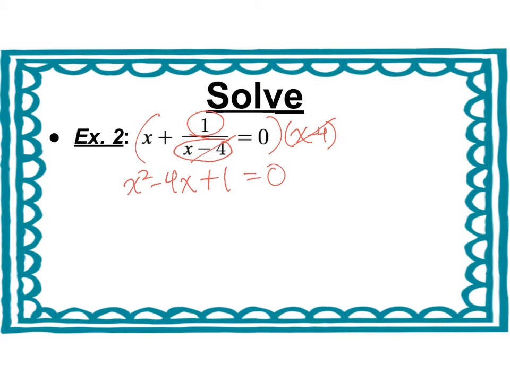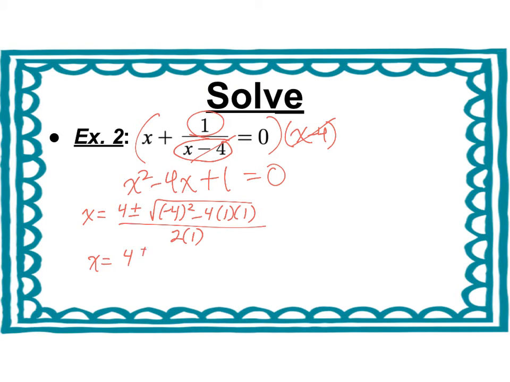Now this one's not factorable, so I have to do the quadratic formula. So negative b is 4 plus or minus the square root of negative 4 squared minus 4 times 1 all over 2 times 1.